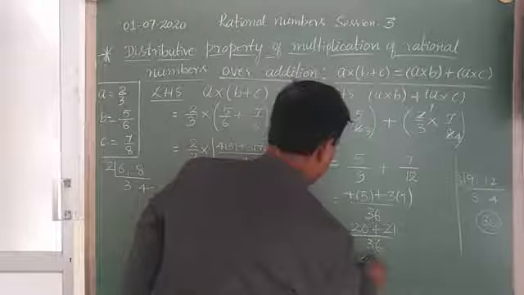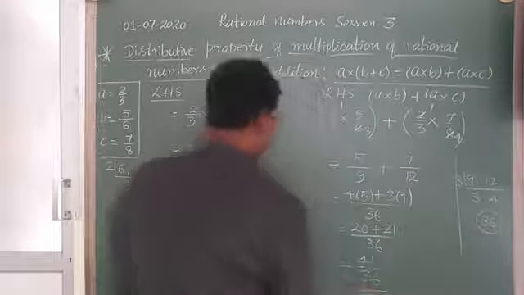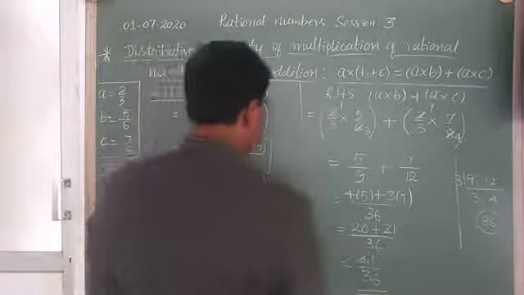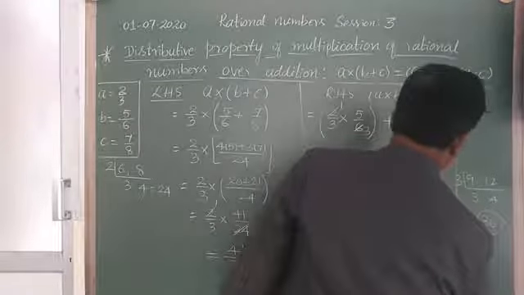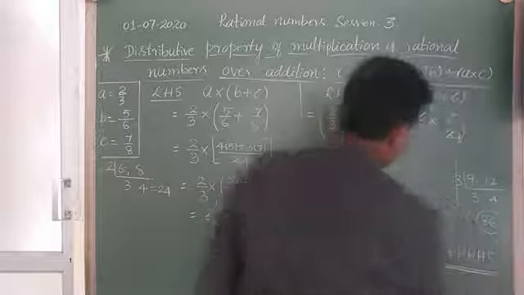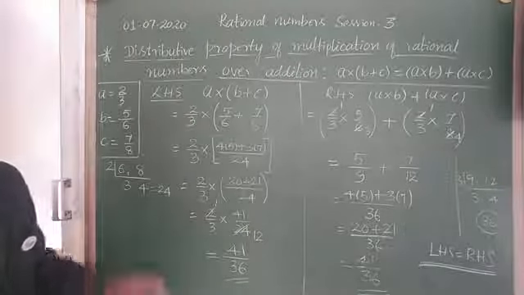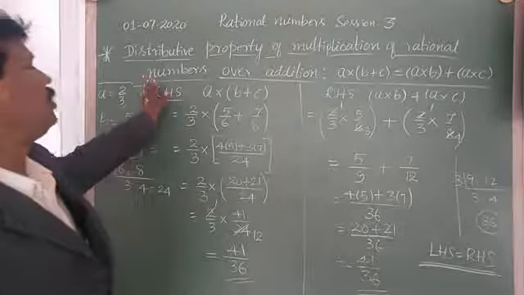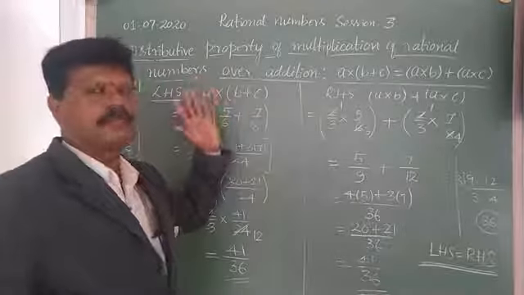So answer is 41 by 36. So RHS, LHS is equal to RHS. So this shows that the distributive property of multiplication of rational numbers over addition is satisfied.